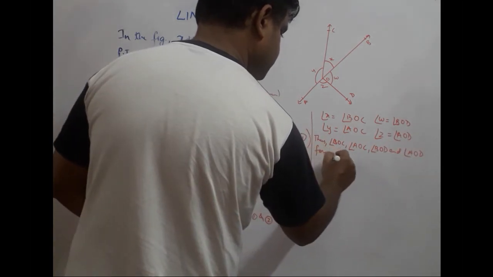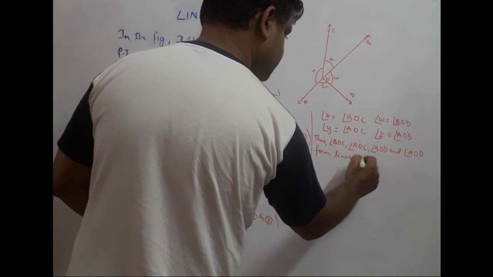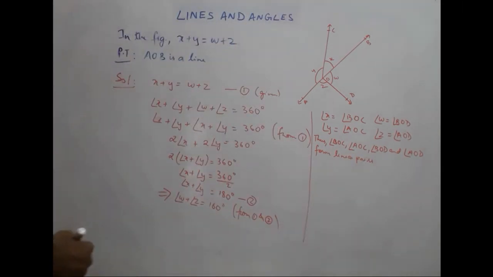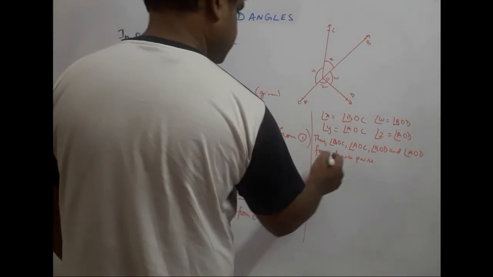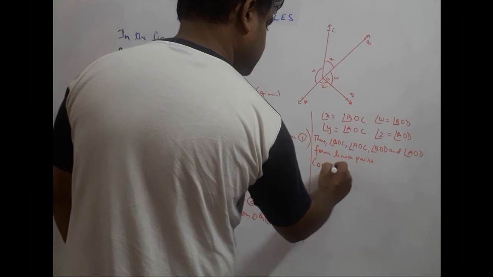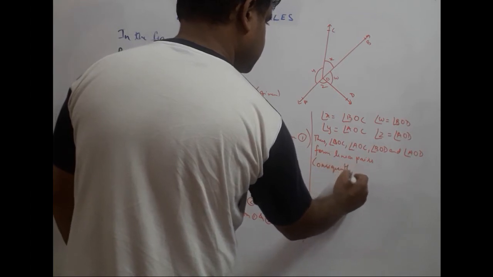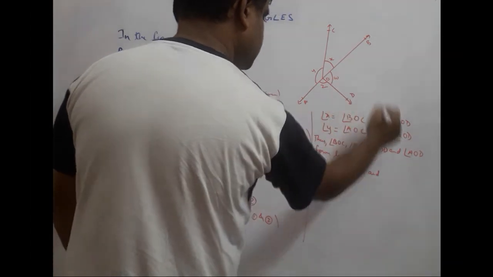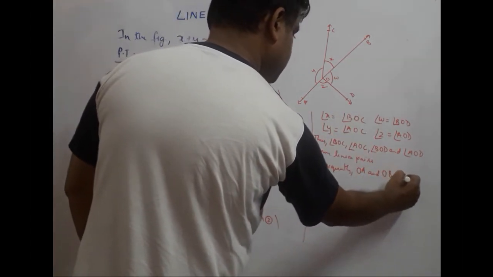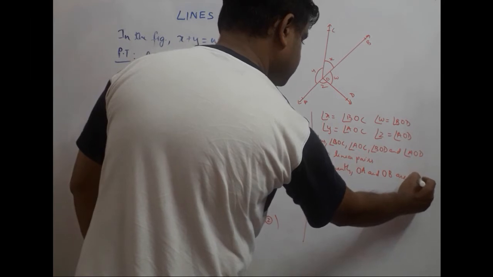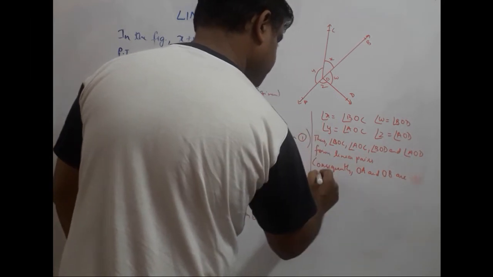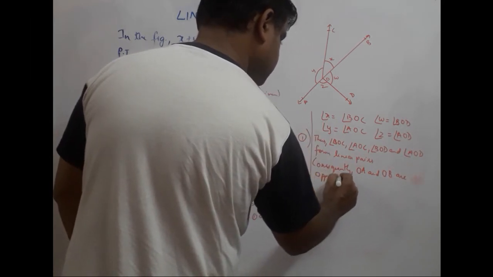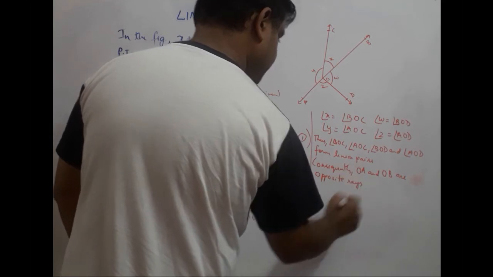form linear pairs. Okay, and we can say that consequently OA and OB are opposite rays.